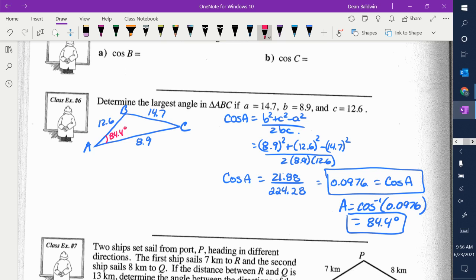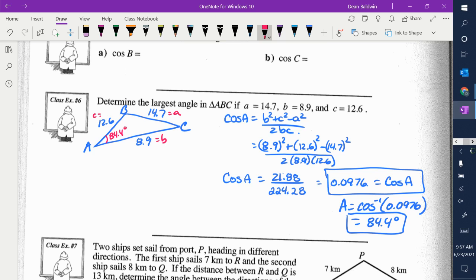And since we're here, we're just going to complete it. So once you know one angle and you have all the sides, what formula do you flip to? Sine law, because you now have an angle side pair, right? Because that's little a. Let's just find all the other angles.